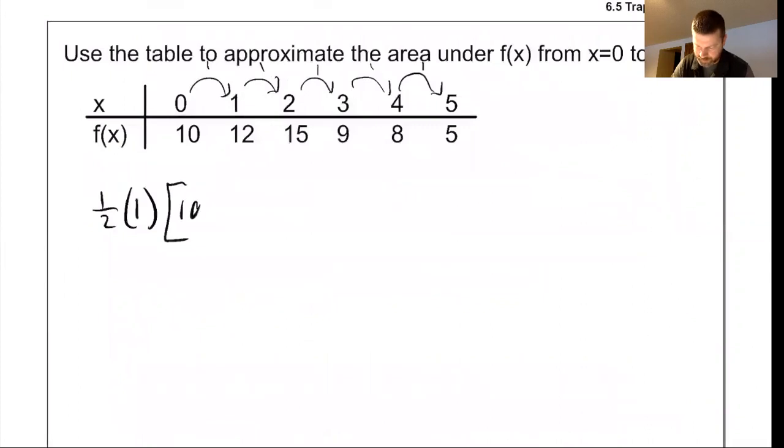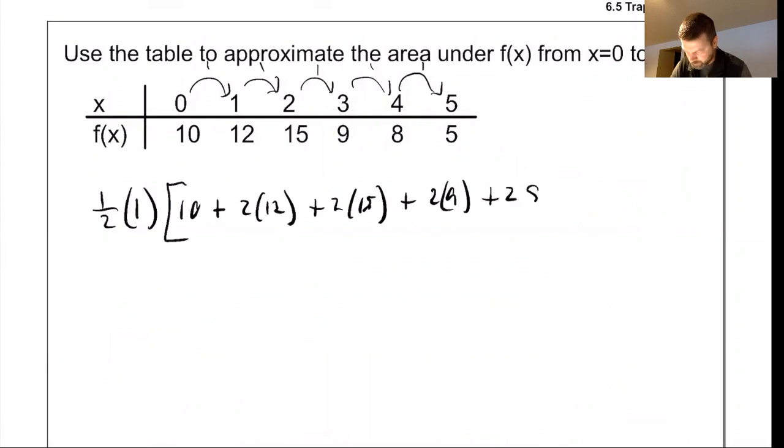Starting with the first one of 10, plus 2 times 12, 2 times 15, etc., till you get to the very last one, and just a 5 for the last one. That's going to do the trapezoids.